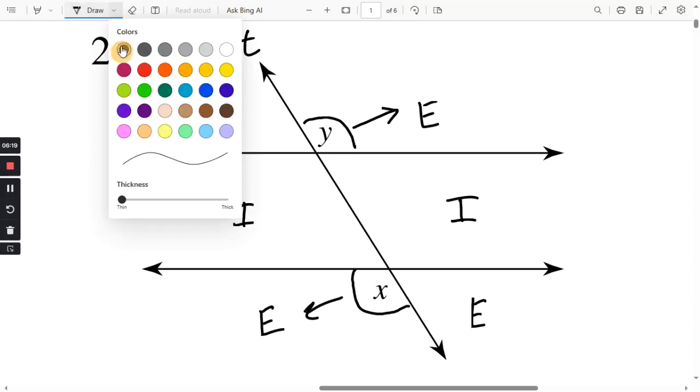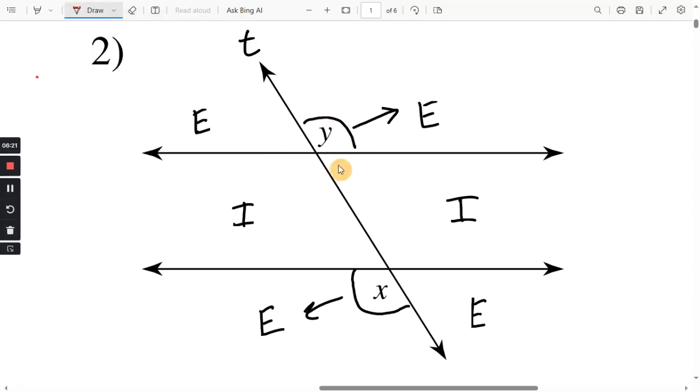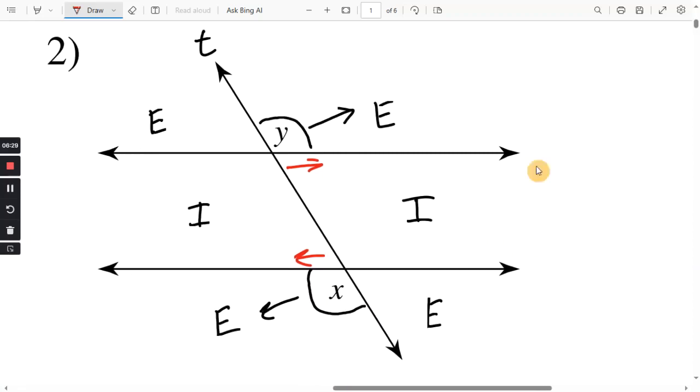We see that angle Y is on the right-hand side of the transversal, and angle X is on the left-hand side of the transversal. So those are alternate, and they're both on the exterior. Alternate exterior.